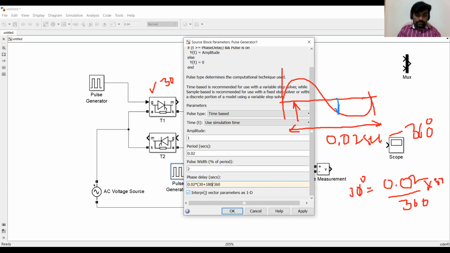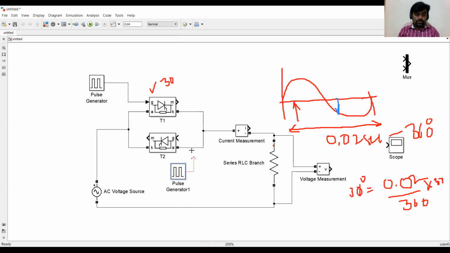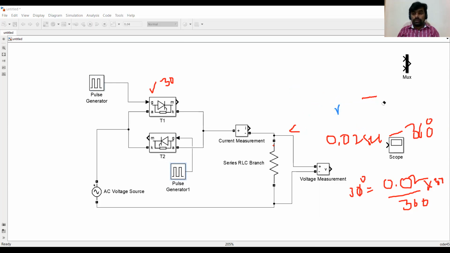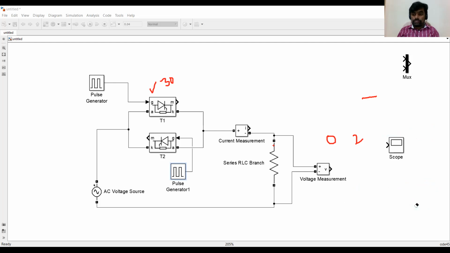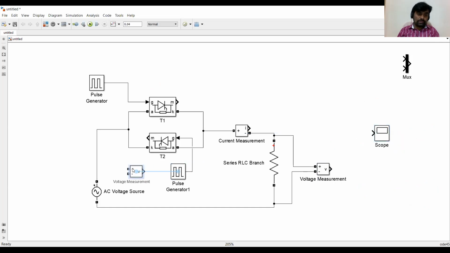After 180 degrees, thyristor T2 comes into the picture, so that I need to give to the gate terminal of T2. Now I can connect a scope at the output side of the AC voltage controller to see the voltage waveform and the current waveform. All those things I can easily see.